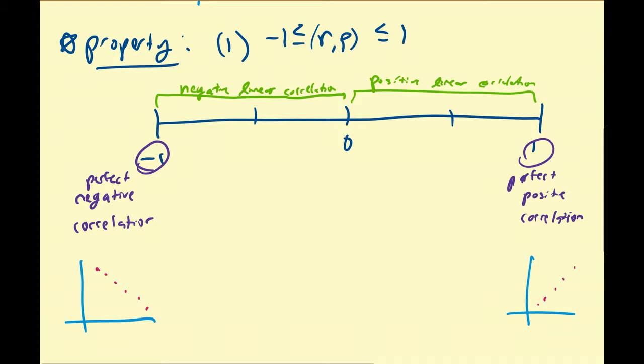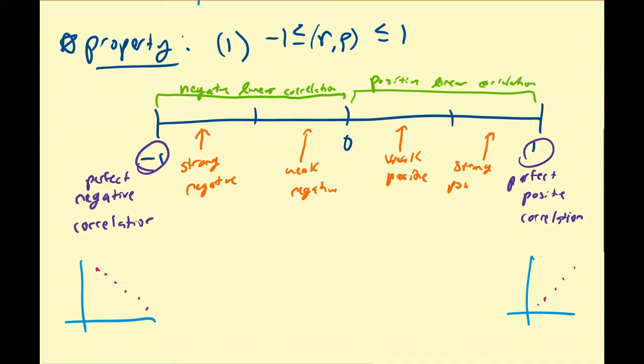And some people refer to this region as the strong negative, this region as the weak negative, this region as the weak positive, and this region as the strong positive.